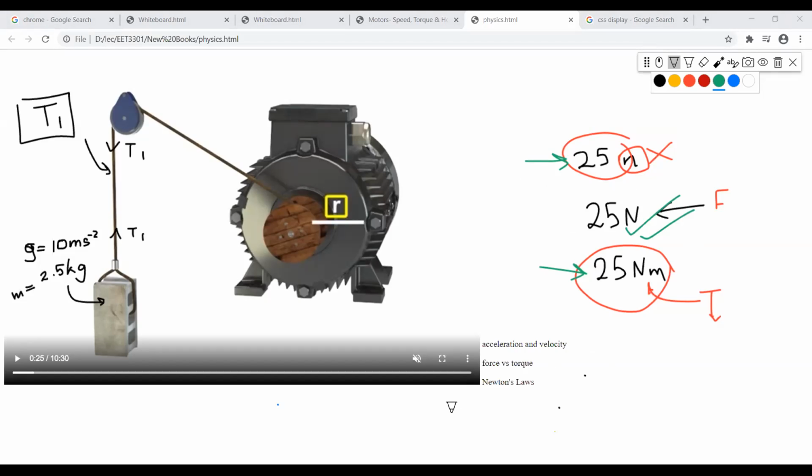Thank you very much for all the answers. Now, if the tension here is T2, calculate the value of T2. This is the first question, and this is the second question: what is the value of T2?